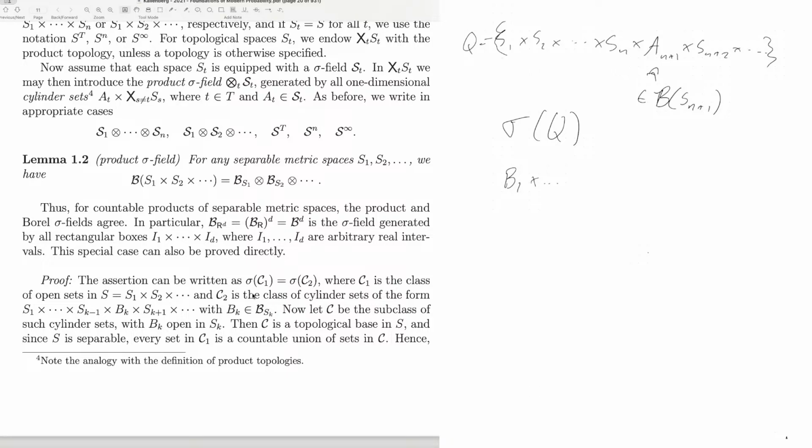So the basis of this looks like B1 cross B2 cross, and then some number of these, A4 cross B5 cross A6, some finite number of these are, so this would be an element of B3.